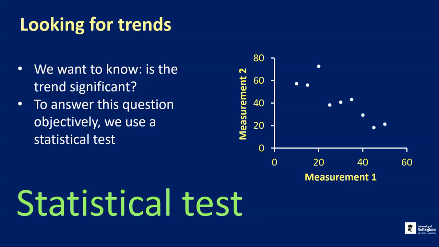How often would we see that kind of apparent negative trend just by chance? And if it's a very rare event by chance, we would conclude from that it's probably not by chance, and in fact there's a real biological or chemical trend underpinning this relationship.